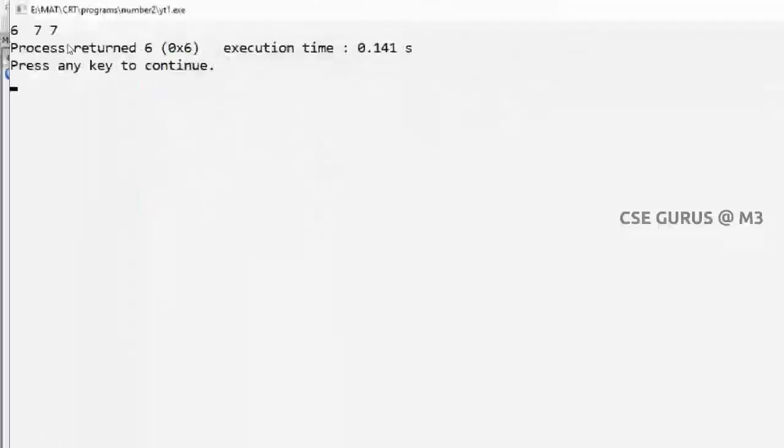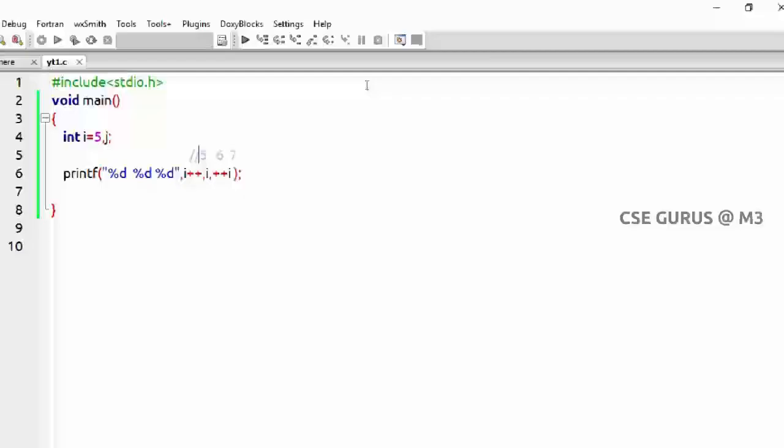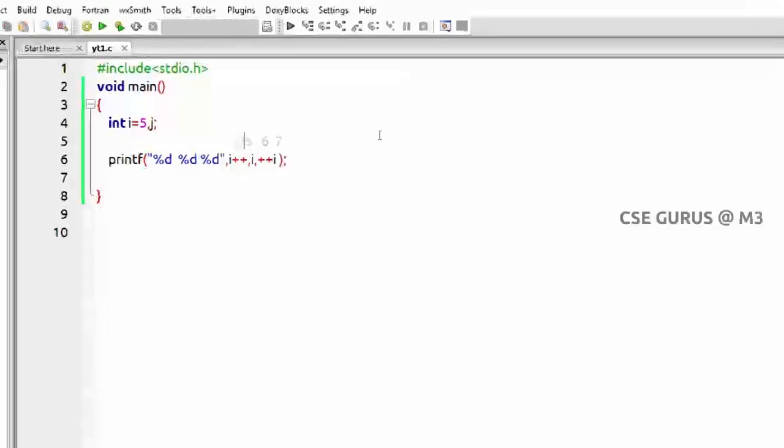So 677, how does it come? The first thing is we have to evaluate not from left to right, we have to evaluate from right to left. Remember, we have to evaluate from right to left. So the first thing you need to do is the evaluation of the right side. What is there? Plus plus I, right? So that plus plus I you have to take first.